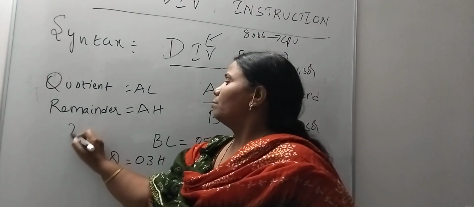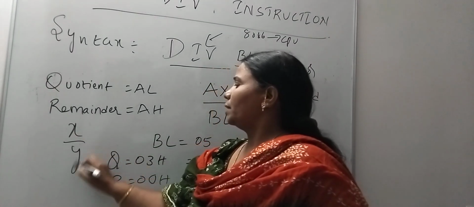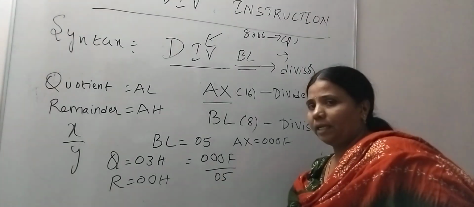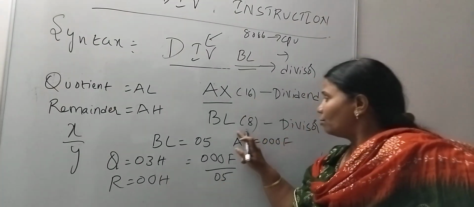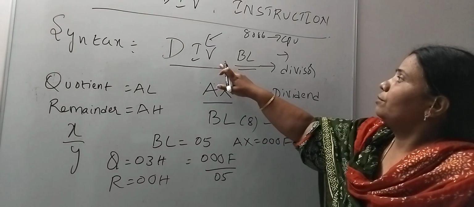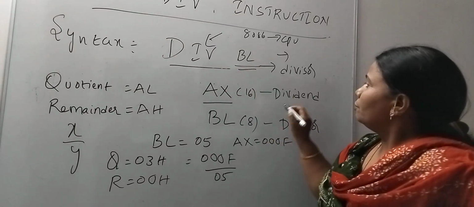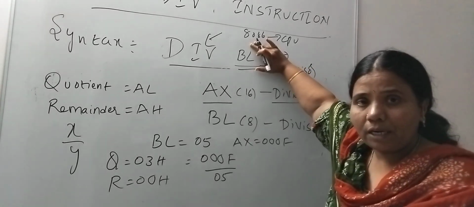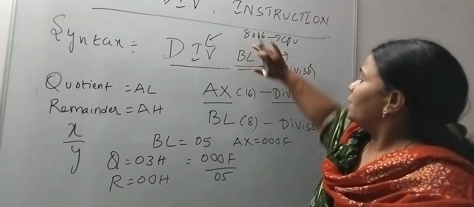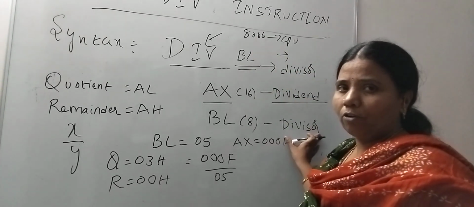So for numerator x by y, x is taken as the dividend and the denominator y is taken as the divisor. Whenever you take DIV BL, the divisor can be a register, a memory location or user data, but it should be 8-bit.